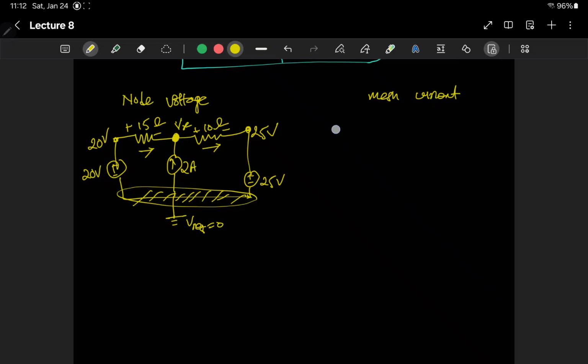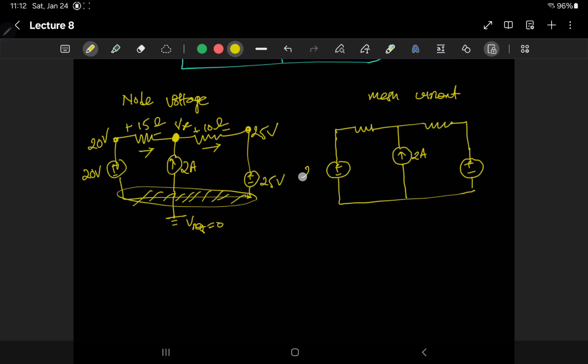Let's say we were to use the mesh current method. Please make these figures separately so that you can understand what's going on.